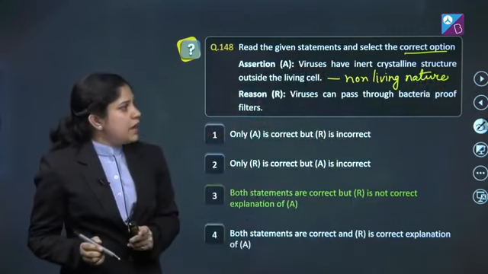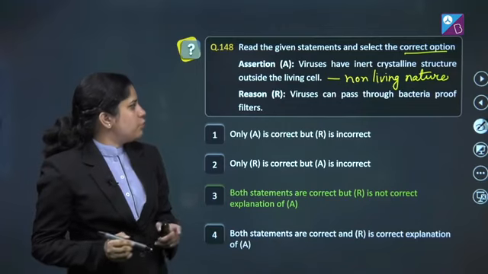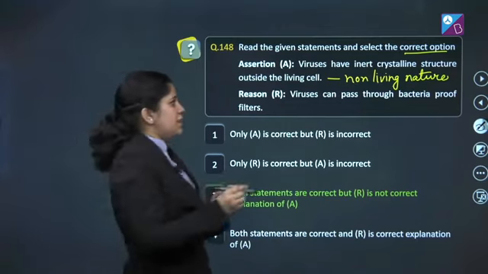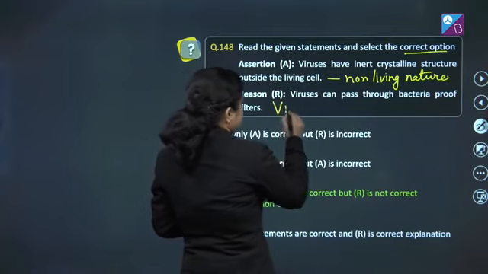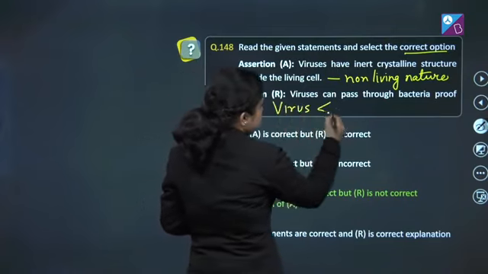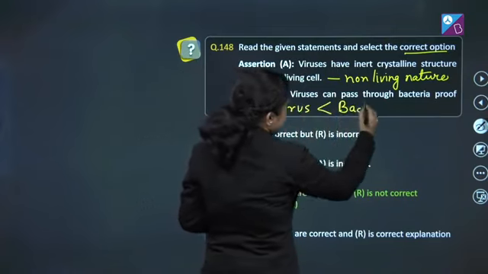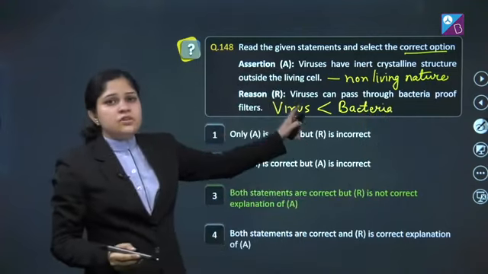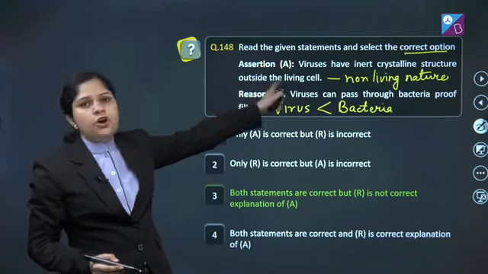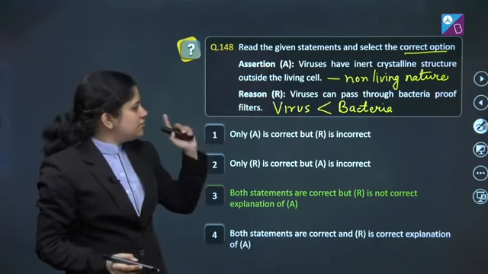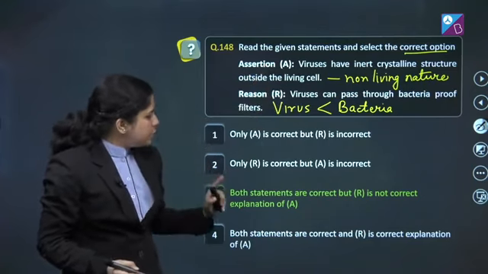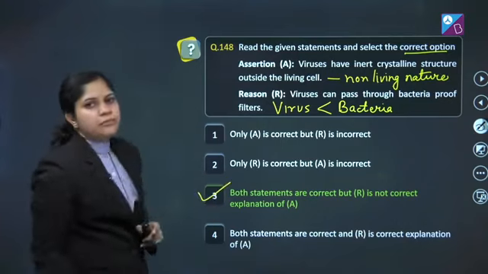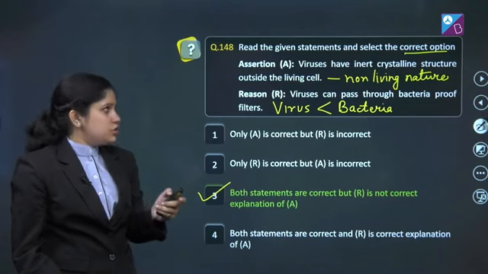Viruses can pass through bacterial-proof filters. This statement is true because viruses are smaller in size than bacteria. But this statement is not the correct reason for the assertion. So if we analyze all the options, the correct option would be option number 3. Let's proceed to the next question.